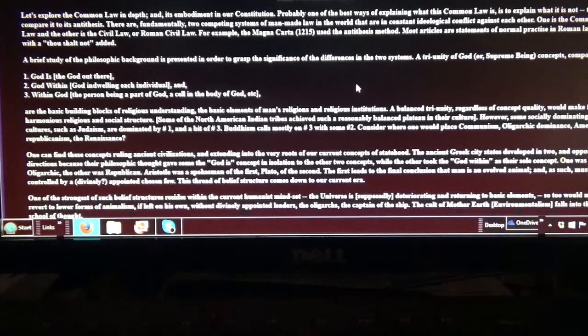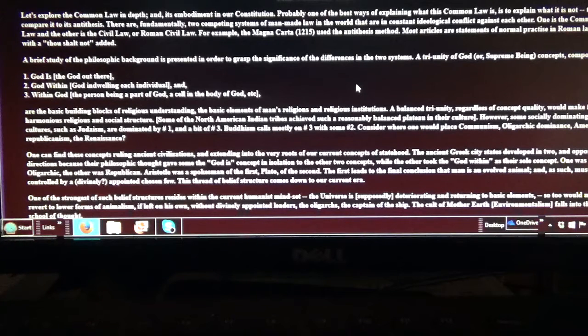Buddhism calls mostly on number 3 with some number 2. Consider where one would place communism, oligarchic dominance, American republicanism, the resonance.